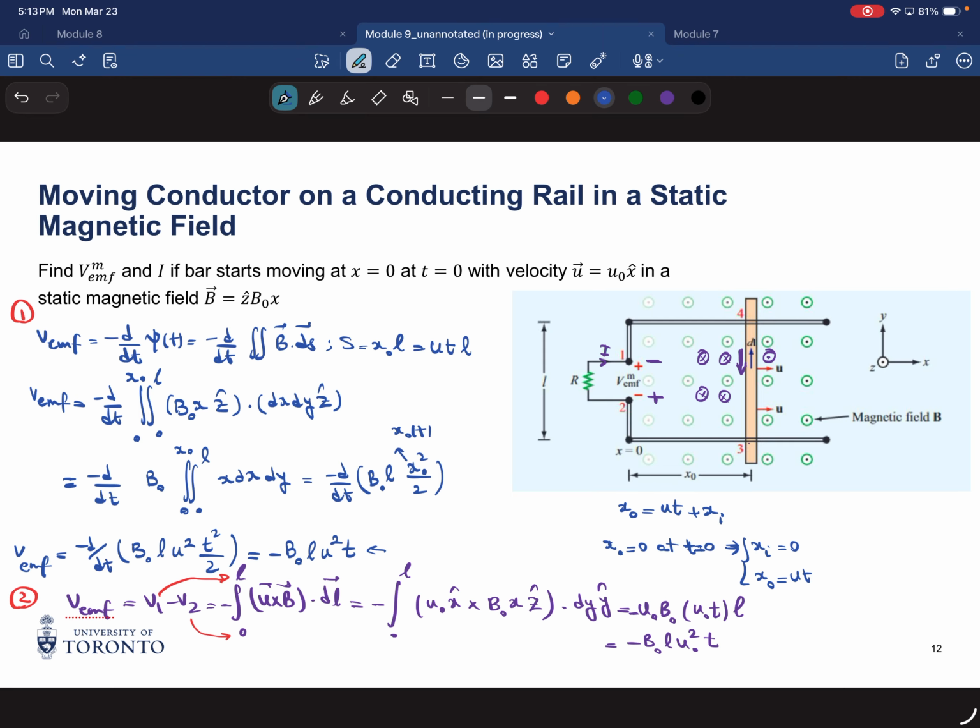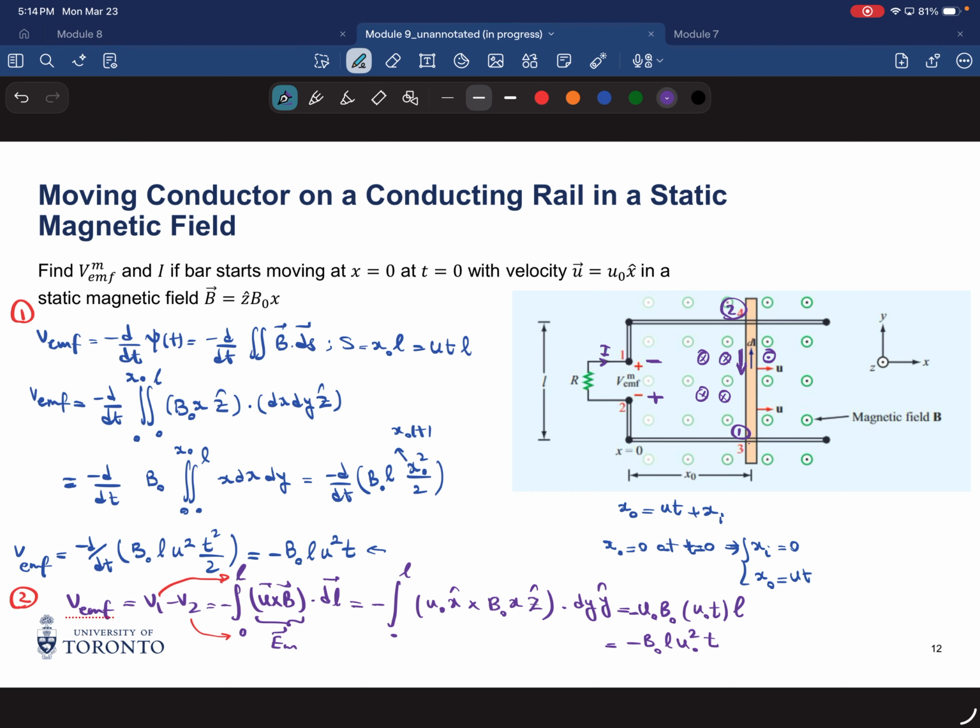So the second way we can do this is to say Vm is V1 minus V2, where this is point 1 and this is point 2, and then we take the line integral of EM, which is U cross B. Remember that this formula of the voltage difference is from the first part of the course.